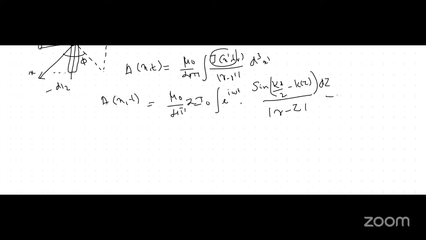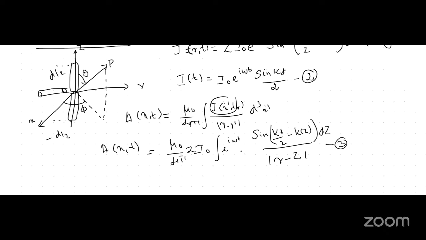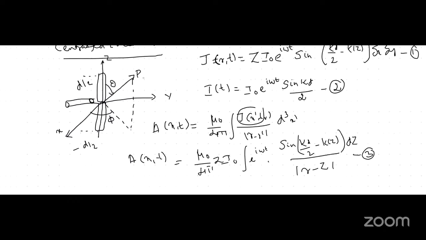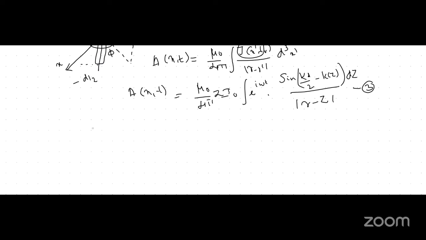So now if the point P, this point P here, is far away, then we will write this. The condition here you should take is if the point P is far away, that is, mod of r minus z is approximately equal to r minus z cos theta.